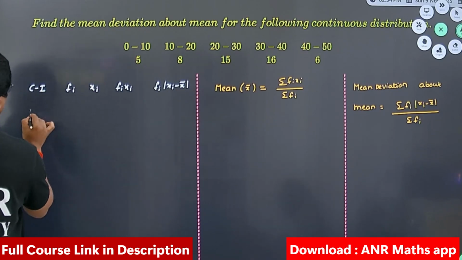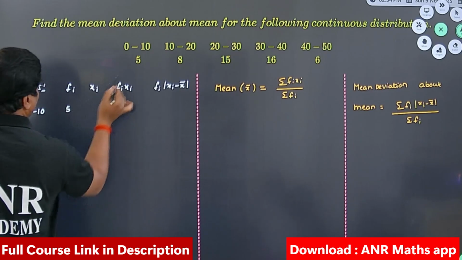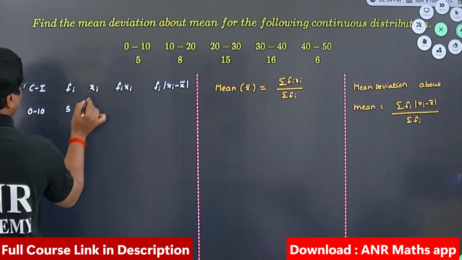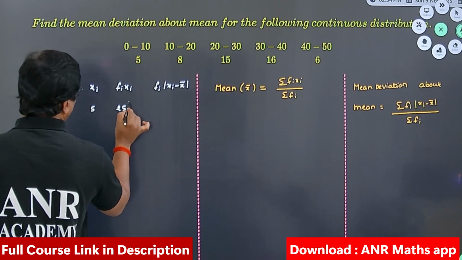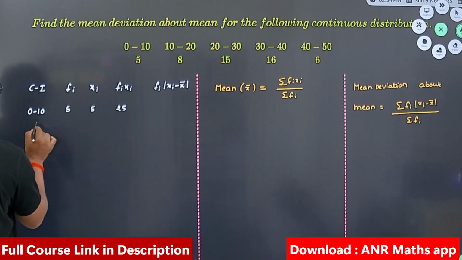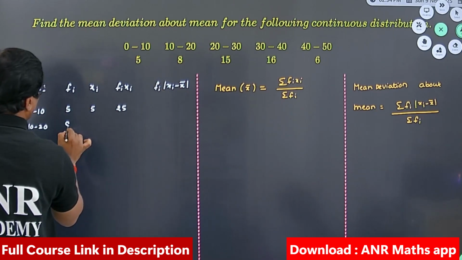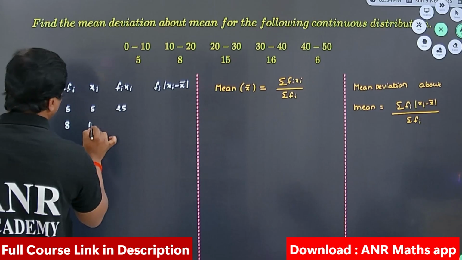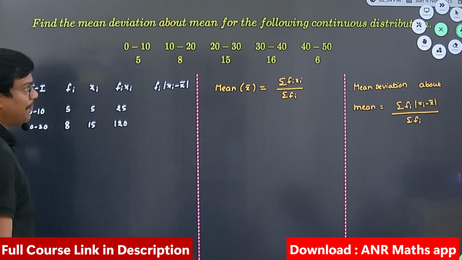Okay, class interval, first one 0 to 10, and here frequency Fi is given as 5, mid value xi is also 5, its product 25. Next class interval 10 to 20, in which frequency is 8, mid value 15, and Fi xi value becomes 120.